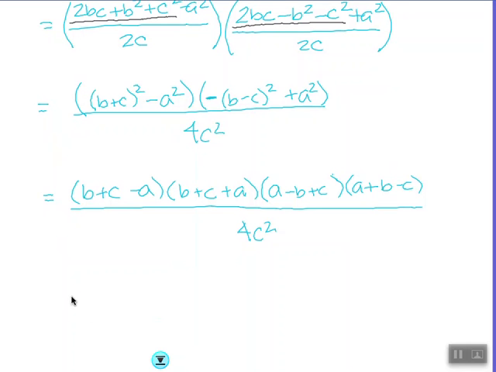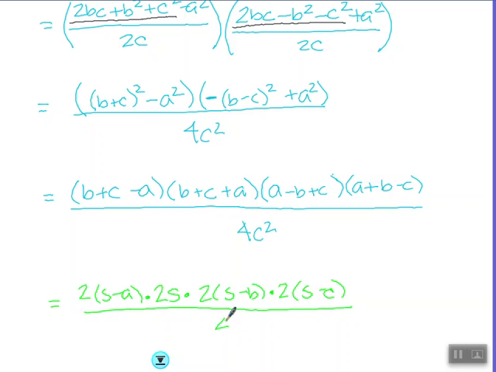So when I substitute these green equations back in, I have 2s minus a. This second parenthesis is 2s. This third parenthesis is 2s minus b. And this fourth parenthesis is 2s minus c.